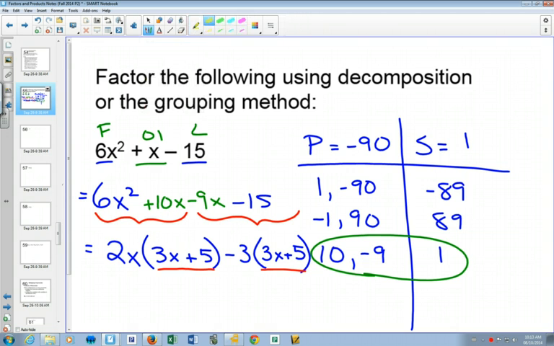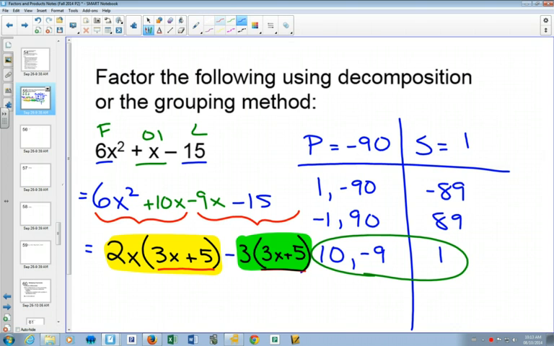I'm going to highlight some things here. This is one big term in yellow. This is another big term in green. We've got the yellow term, subtract the green term. Can you see that there's something common in the yellow and the green? The 3x plus 5 is in common in both the yellow and the green.